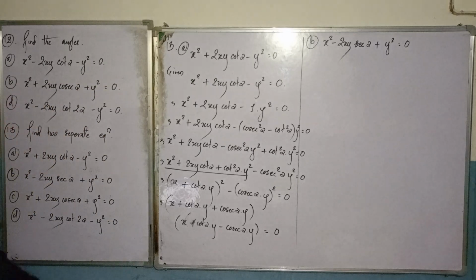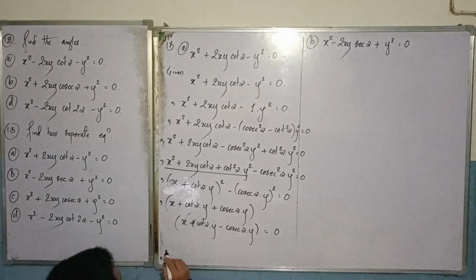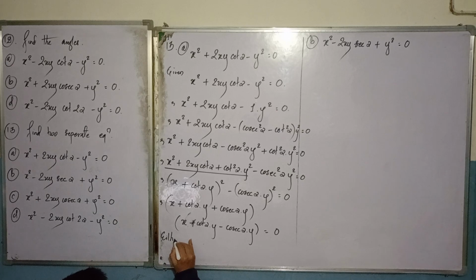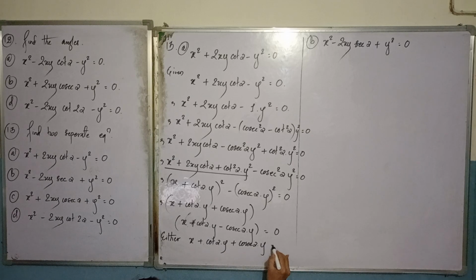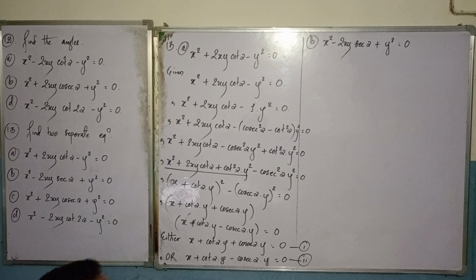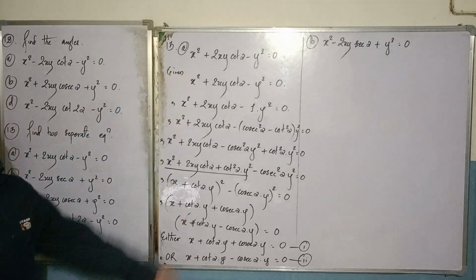From here you can write either x plus cot alpha y plus cosec alpha y equals 0, or x plus cot alpha y minus cosec alpha y equals 0. These are the two separate equations of the lines.